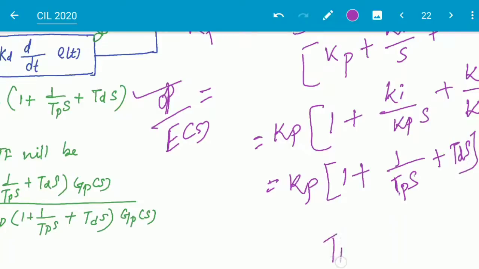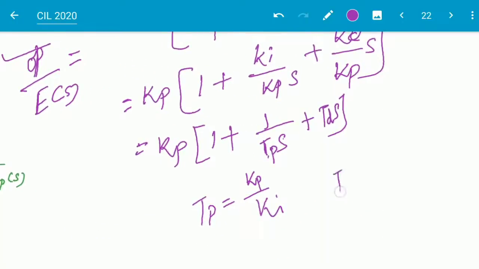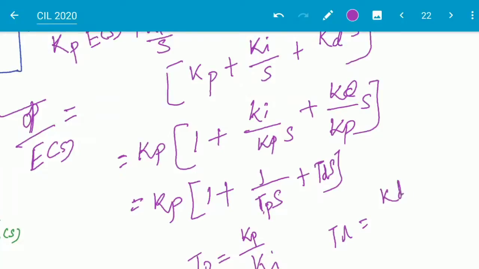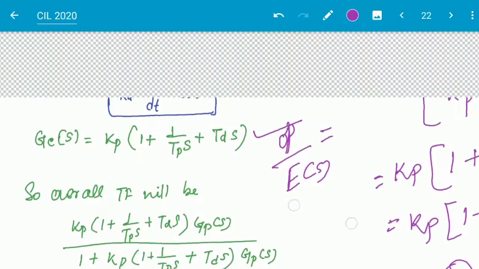So Tp is Kp by Ki, constant of proportionality by constant of integral, and Td is equal to Kd, constant of differential, by constant of proportionality. These are the values of Kp and Kd. You can get it from anywhere.